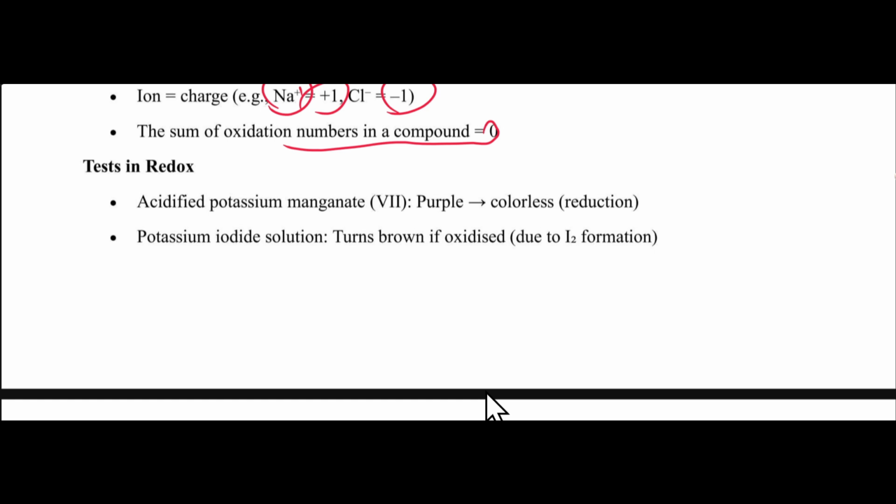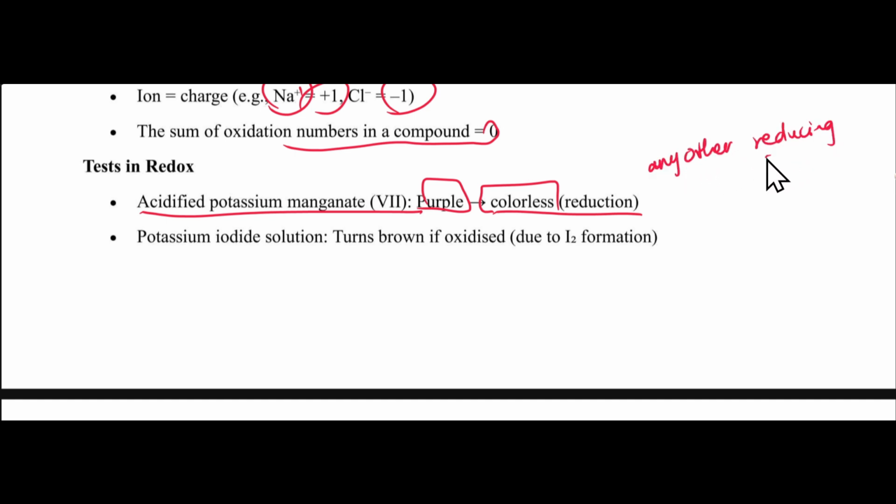So acidified potassium manganate is used, and if its color changes from purple to colorless, what does it mean? It means that another reducing agent is present there. So how can we test for the reducing agent?